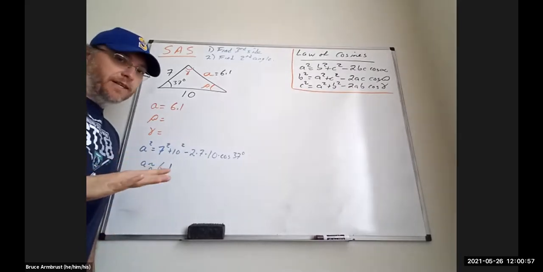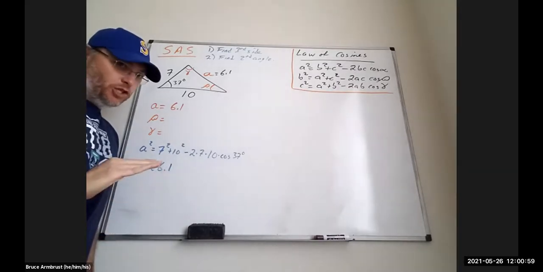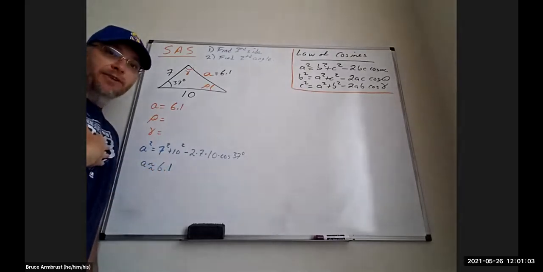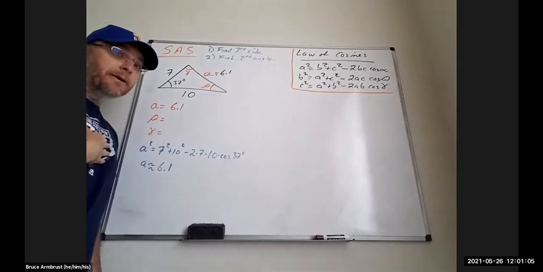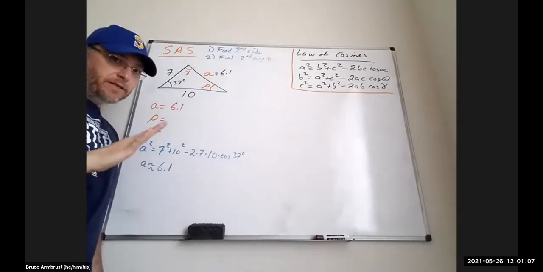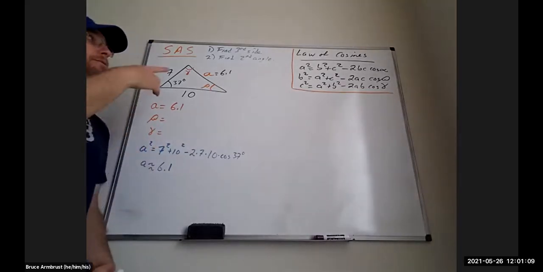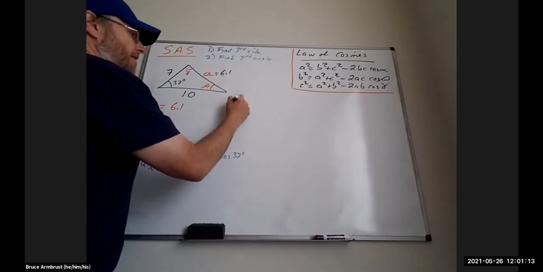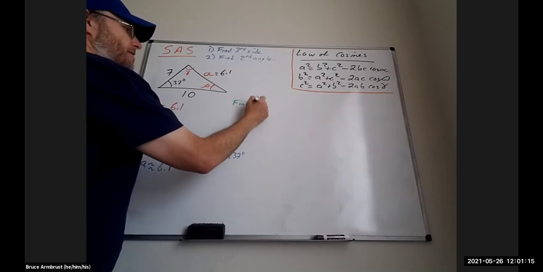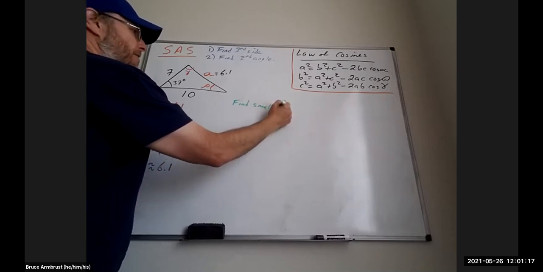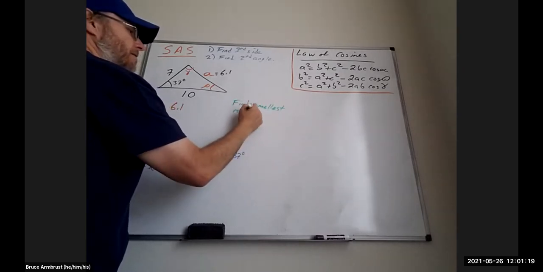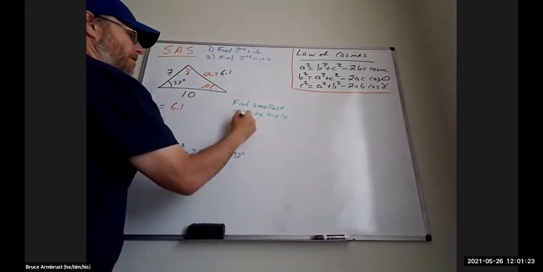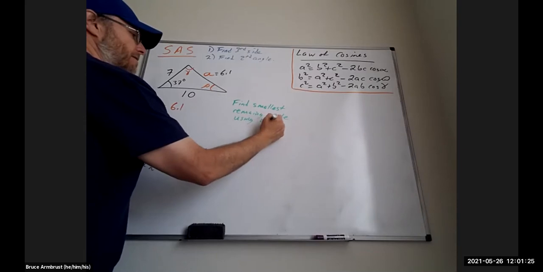If you don't want to follow this way, it's totally fine. It's up to you. This is what I do. I think it's actually easier, but it's totally up to you. So what I do when I want to find that second angle, I find the smallest remaining angle using the law of sines.